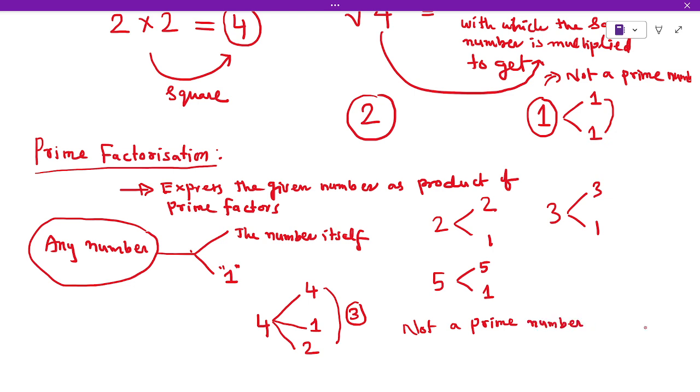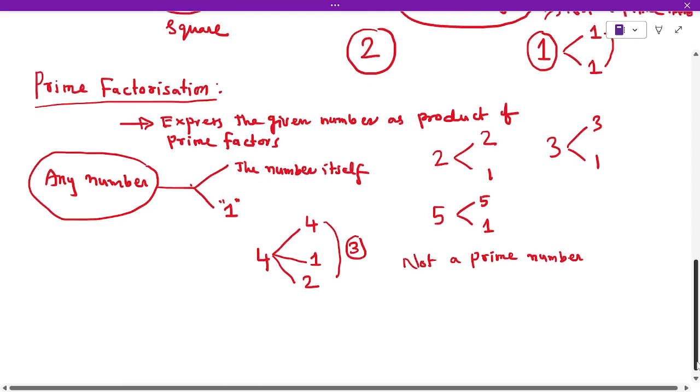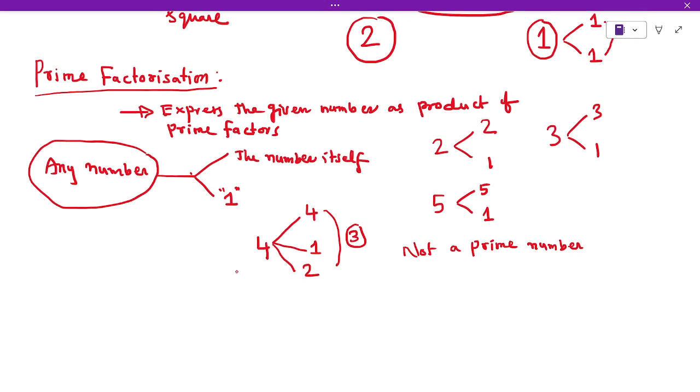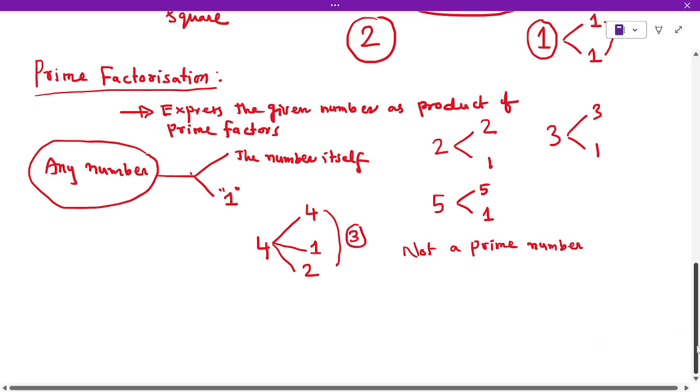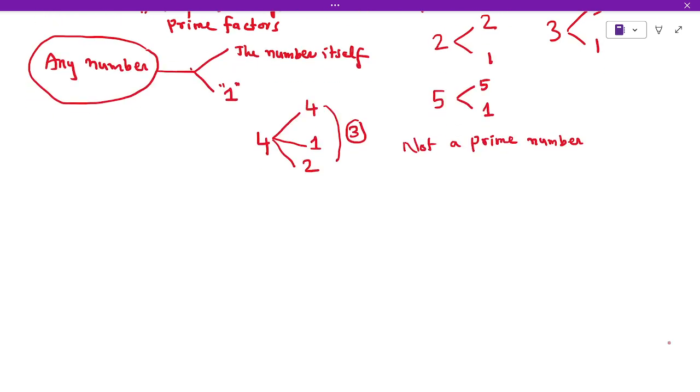That is the way we can determine whether the given number is a prime number or not. Clear? I am expecting and assuming that you at least have this basic understanding of numbers, like what a prime number is, what an even number and odd number are, etc. Now coming back to our discussion: you now know what a square number is, and you know what a square root is. You also know how to find the square number.